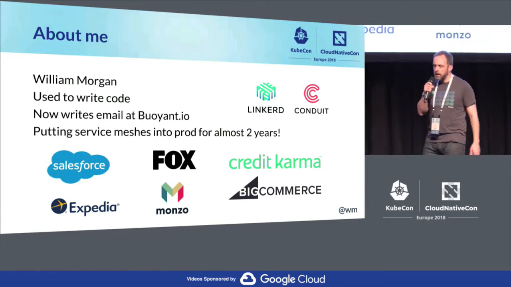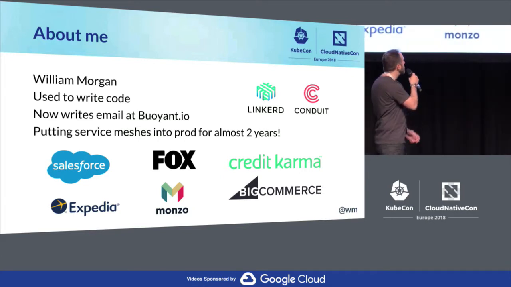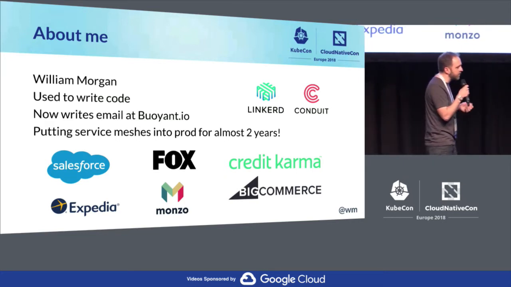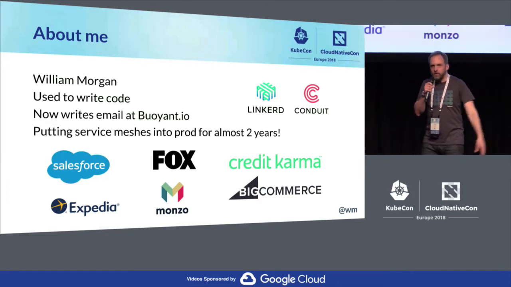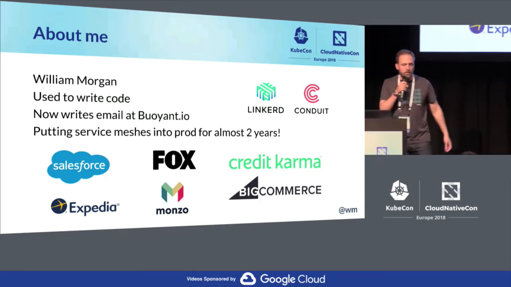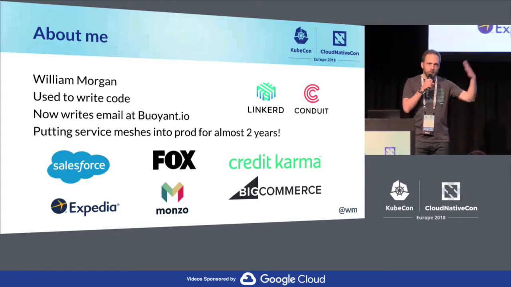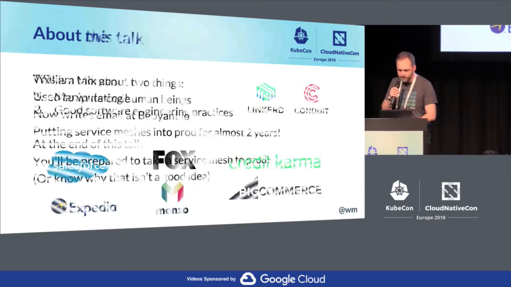There's a whole bunch of other talks about them today, and I'll have a list at the very end. But suffice it to say that we have been putting service meshes into production for almost 2 years at a host of companies around the world. I've put some of the big fancy logos up there, including our friends from Monzo, but also a lot of small startups. So we've seen the range of things.